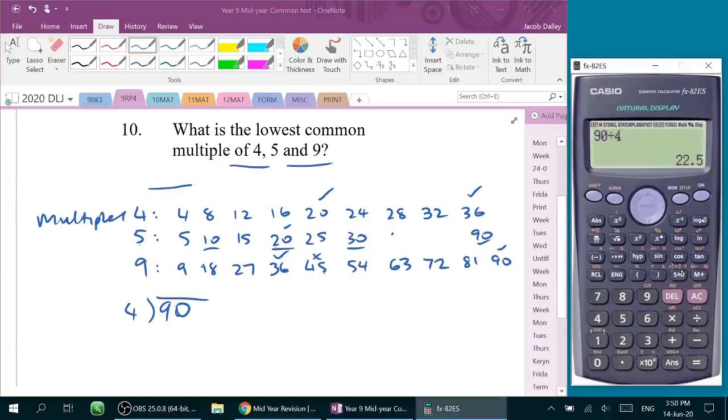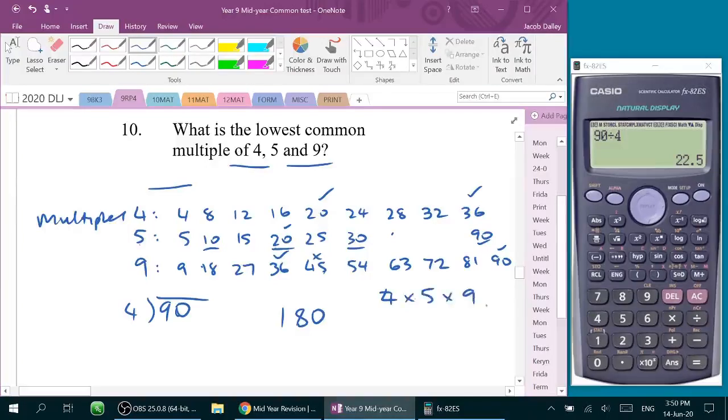So still no. But if we doubled that, we get 180, which I think is just what you get when you multiply 4 times 5 times 9. You're going to get 180. So that will work.